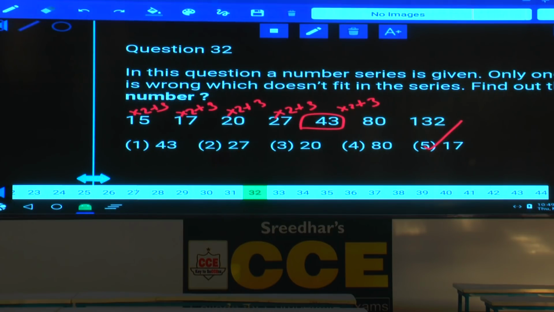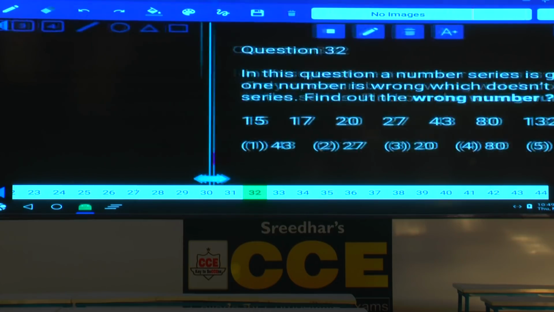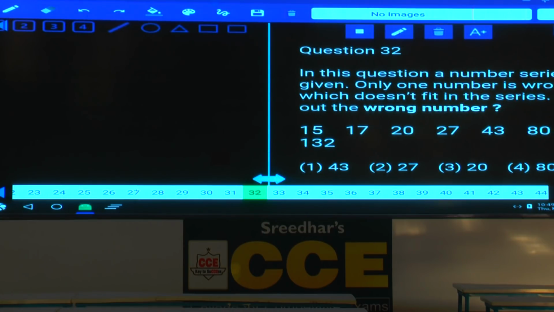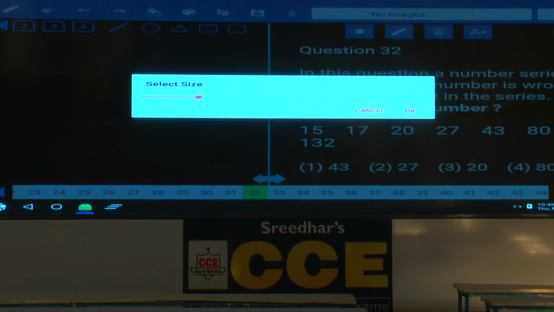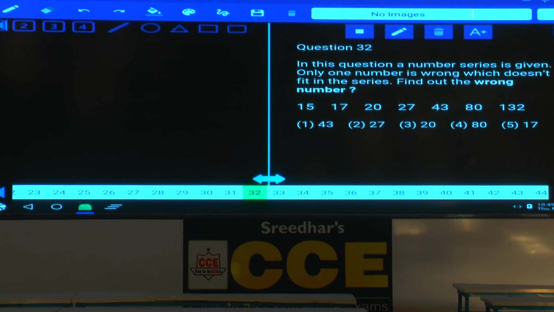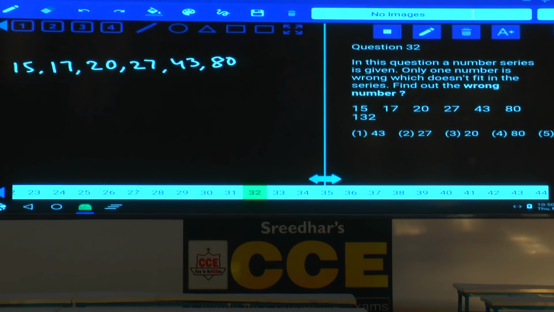Then coming to 32, now in this 32: 15, 17, 20, 27, 43, 80, and the next one here is 132. Now if you check here, the numbers are increasing at a smaller rate, hence it must be under the difference category.